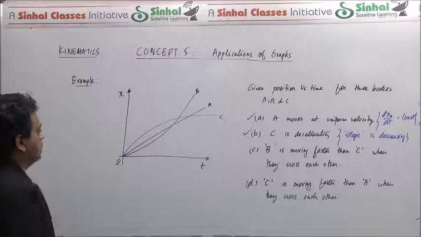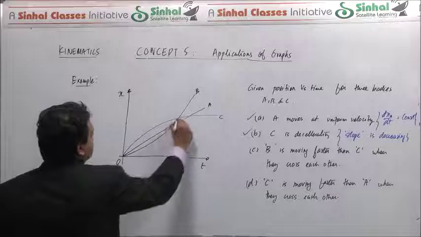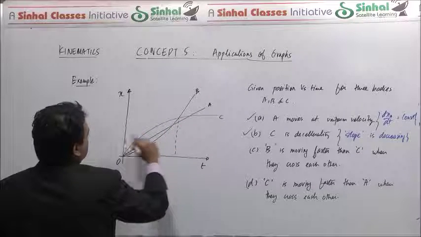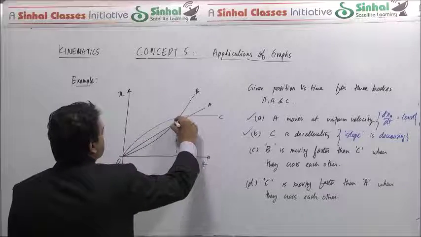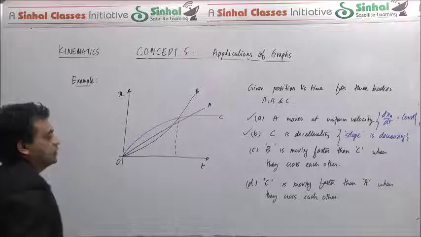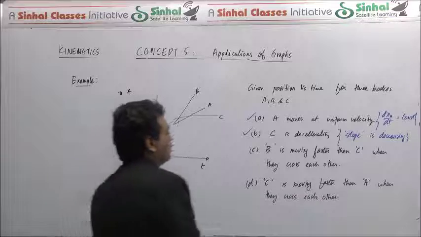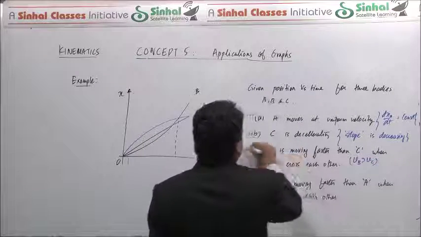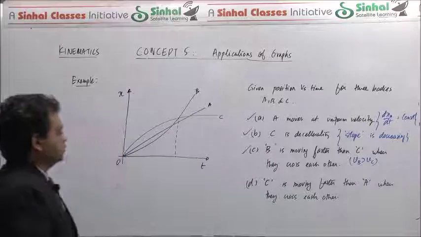Now, the third option asks whether B is moving faster than C or not when they cross each other. So let us look at the time when they cross each other, that is this time. At this point of time you can see that the slope of B is more than the slope of C. So VB is greater than VC at this time, which means B is moving faster.